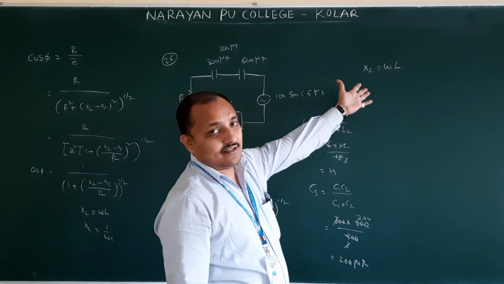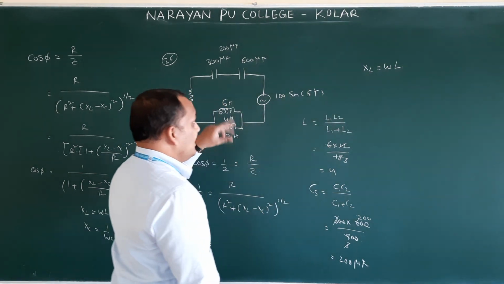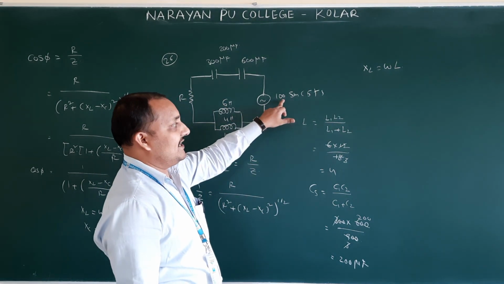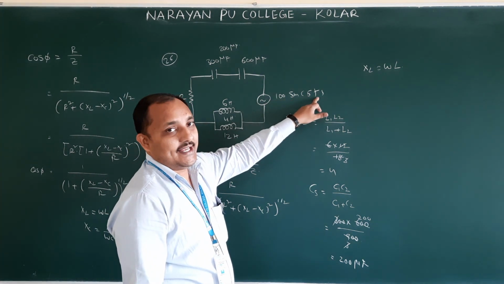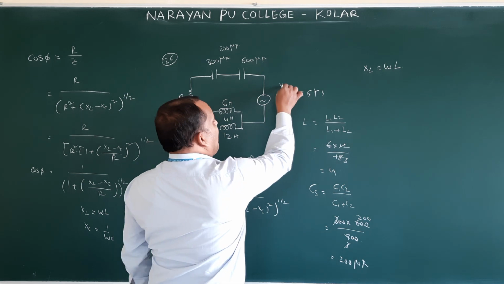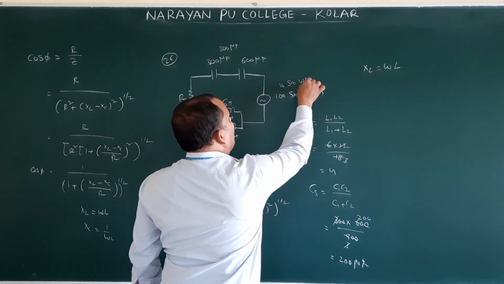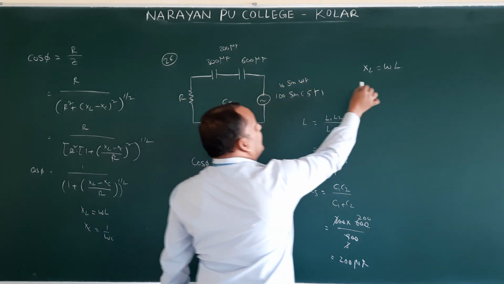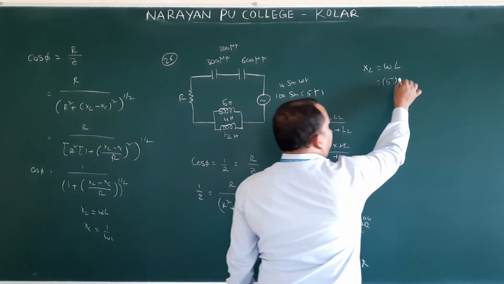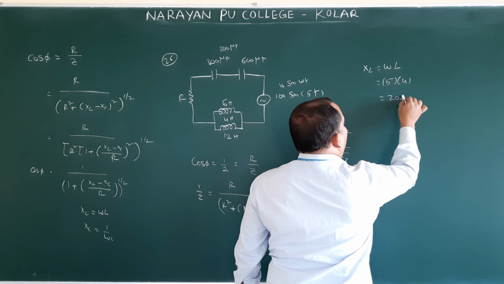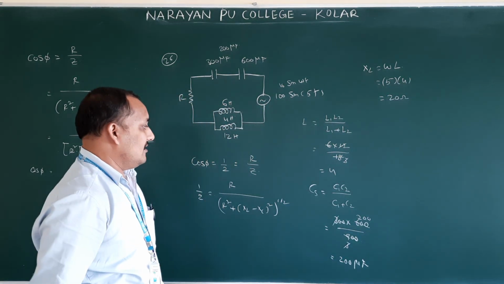What is omega? Omega comes from the general equation V is equal to V naught sin omega t. Here omega is 5. Therefore 5 into the L value 4, that is 20 ohms. That is XL.